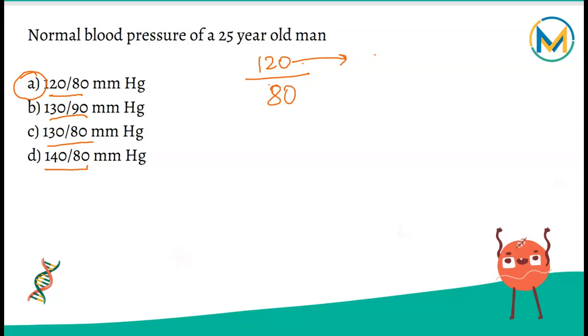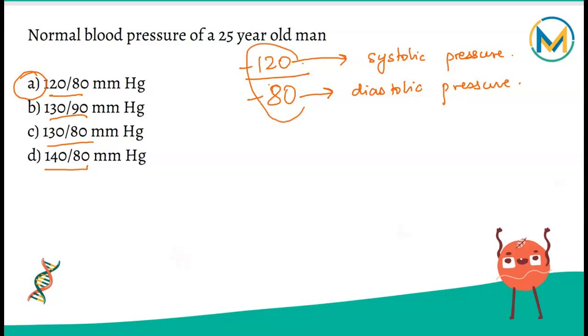The numerator here is the systolic pressure, which is the blood pressure against the wall of the arteries when our heart is beating, and the denominator is the diastolic pressure, which is the blood pressure in between these heartbeats. This should be the normal BP range, 120 by 80. So A is the exact answer.